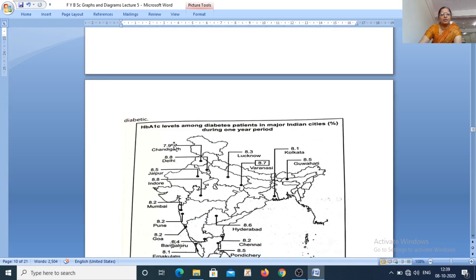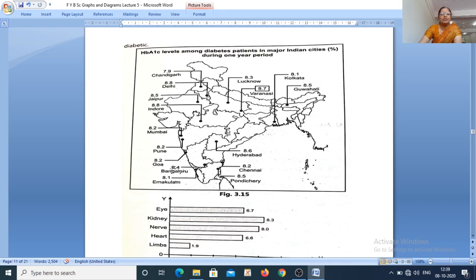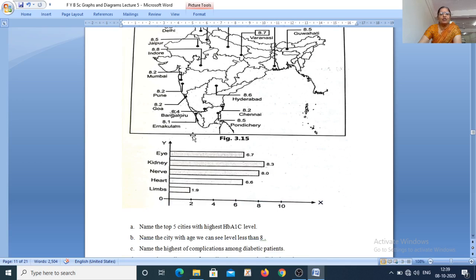Suppose such type of data is given to you. This is the map of India. Different metropolitan cities are given, and here the percentage. So this is the HbA1c level among diabetic patients in major Indian cities during a 1 year period. This is given to you.